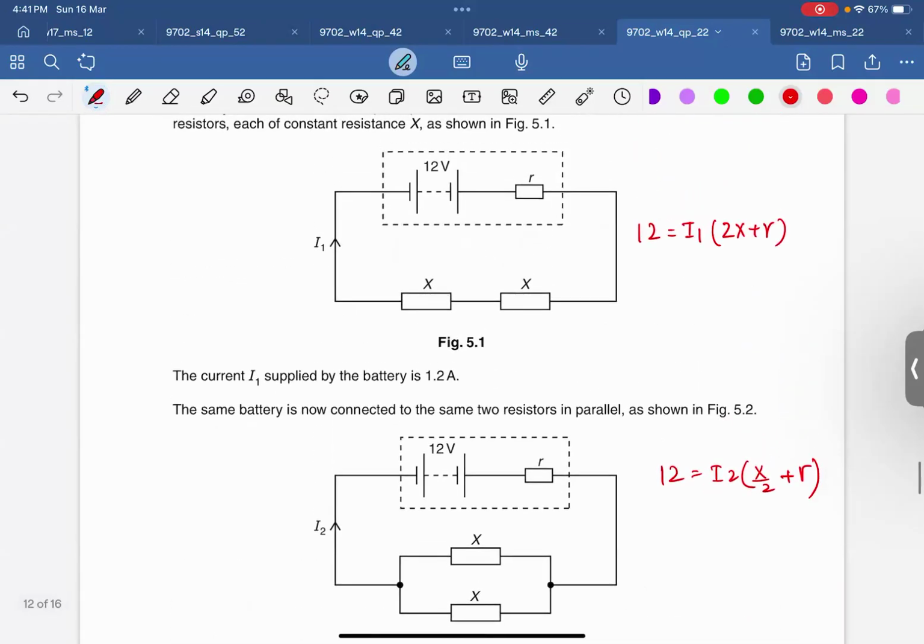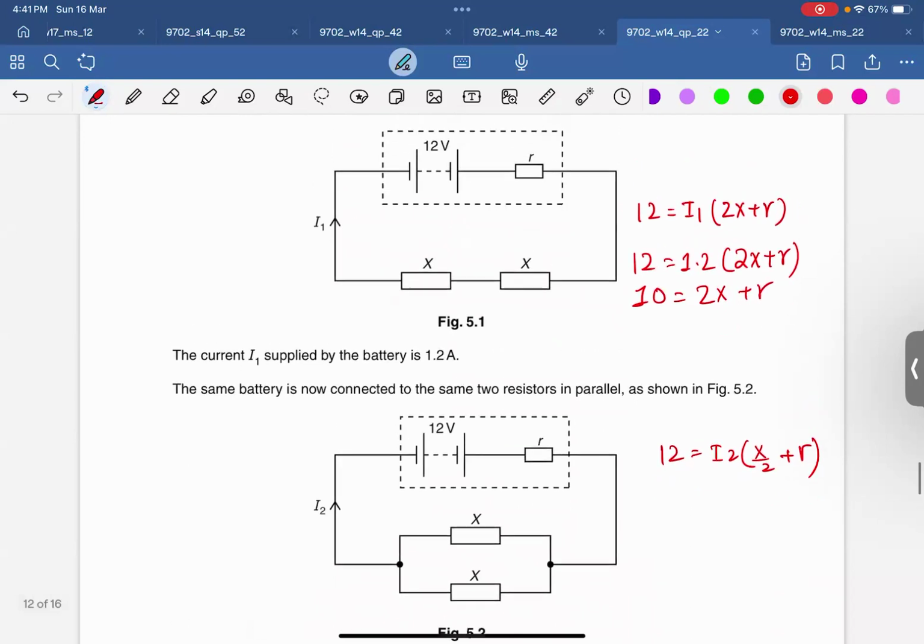Now, we know that I1 is 1.2, so when you divide, you'll get 10 equals 2x plus r. And I2 is 3, so when you divide, you'll get 12 over 3, 4, equals x over 2 plus r.